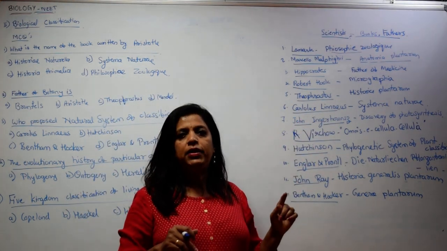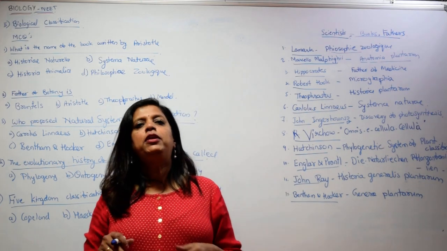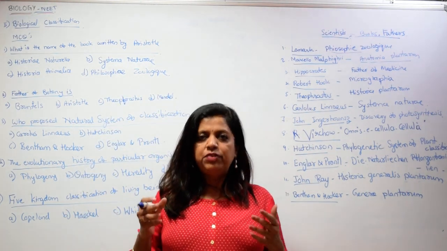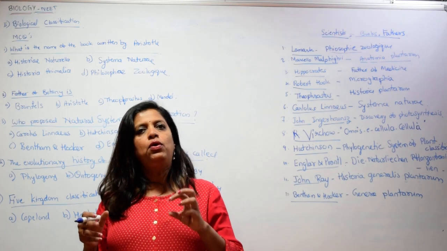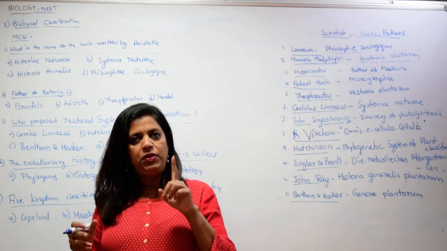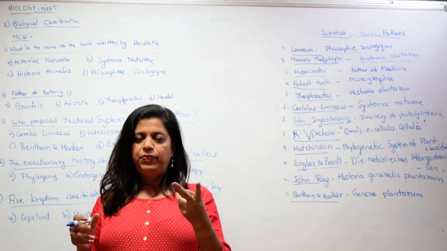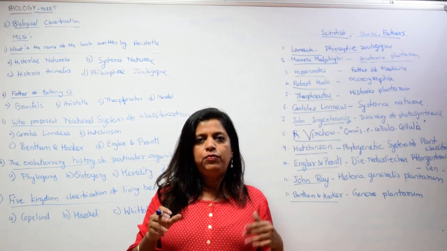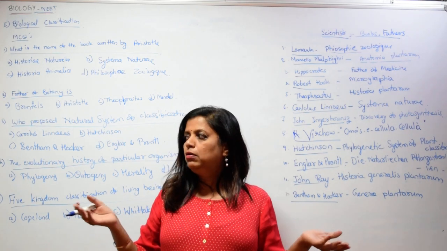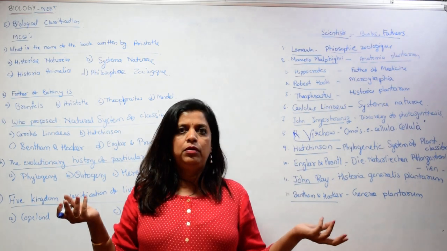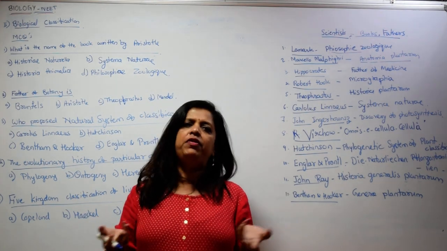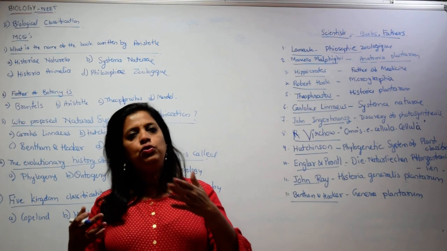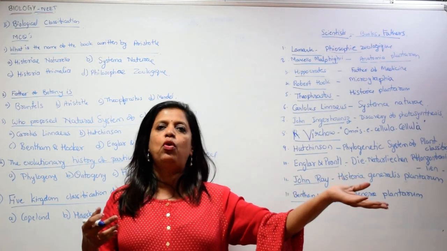Then comes Carolus Linnaeus. As you all know, Carolus Linnaeus is famous for his binomial nomenclature. He was the first person to say that every organism must have two names: one should be the genus name, one the species name. Because for every organism or plant, its common name differs in different localities, and we cannot use the same naming everywhere throughout the world.